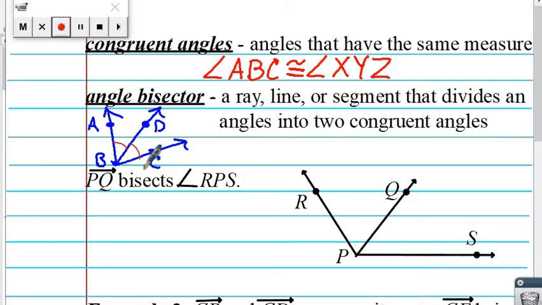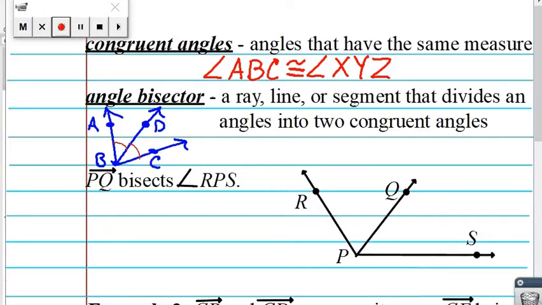And the same way we had some shorthand notation with segments, where we would draw the little tick to show that segments are congruent, we put those little red arcs inside of an angle to show that two angles are congruent. So in the past, you probably drew those arcs in every single angle that you drew. Now we want to keep in mind that those arcs indicate that these two angles are congruent.